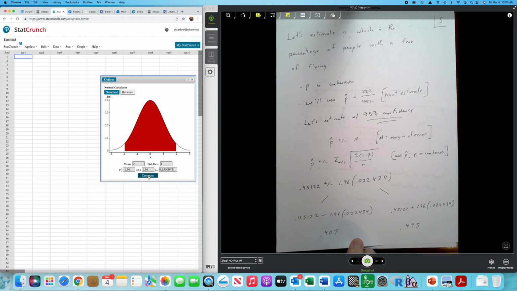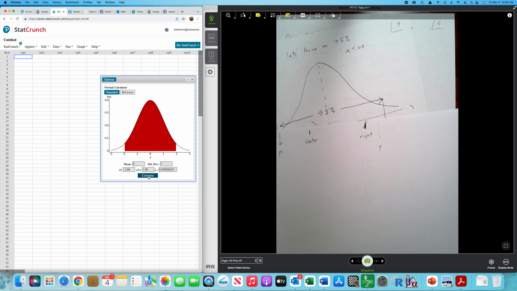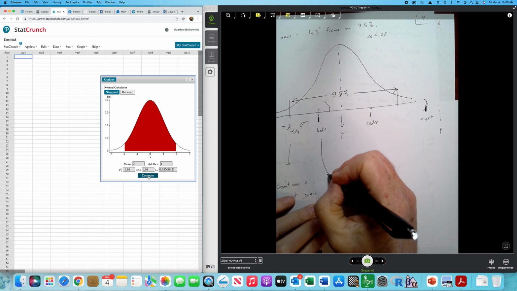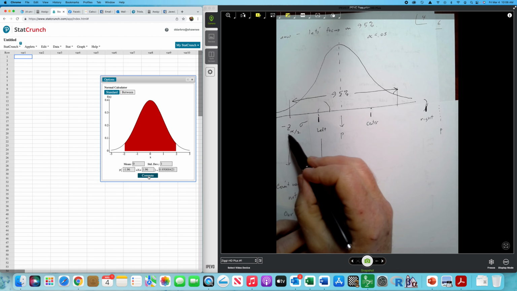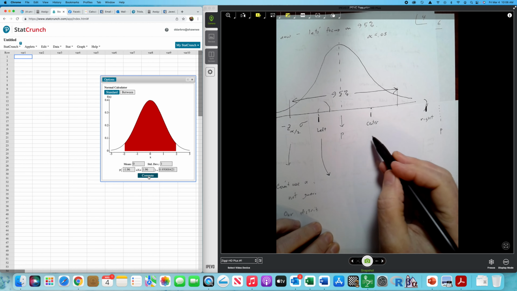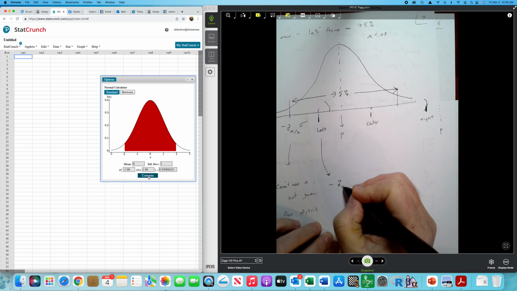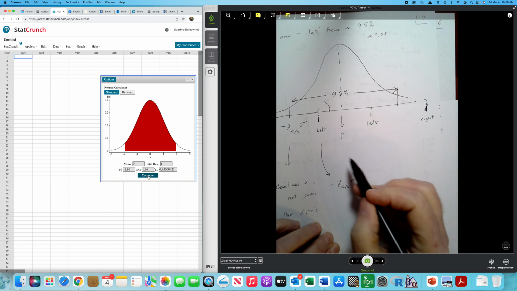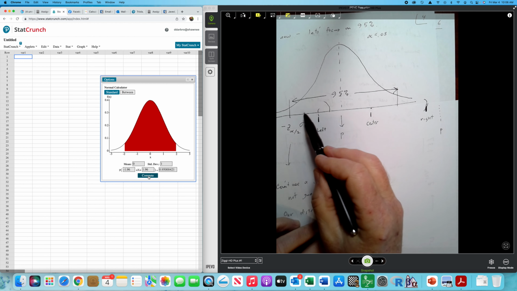So what does that left endpoint look like? So again, let's go back to the center. What does this left endpoint look like? It just looks like the negative Z alpha over 2 times sigma, but its location is that, because that's that distance from P to here.